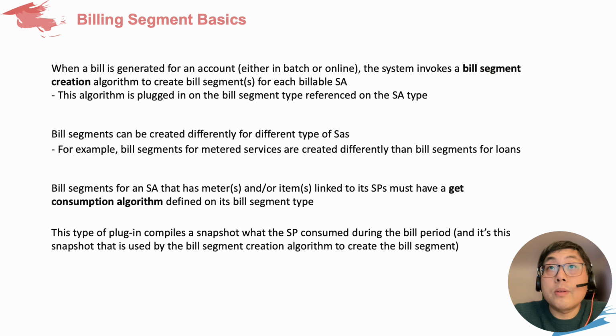So you can understand the snapshot as a usage request from the CCMB side, and this is triggered by the get consumption algorithm, as we just mentioned.